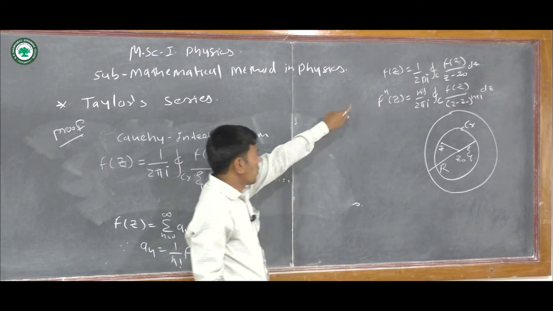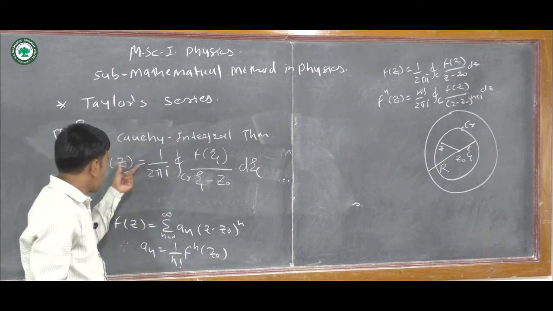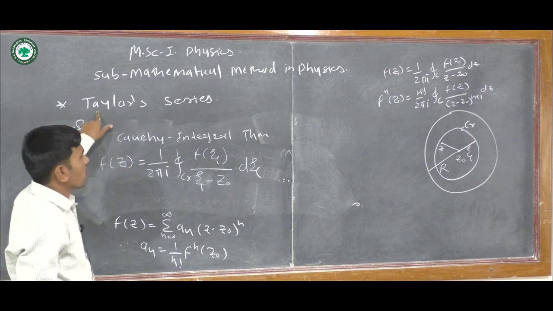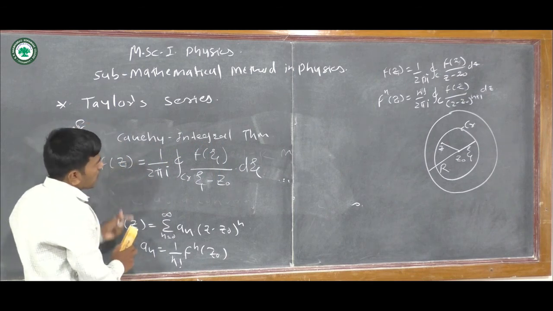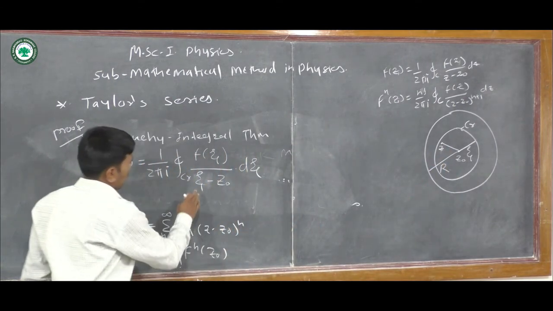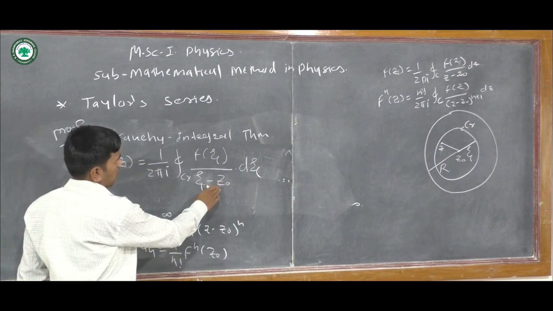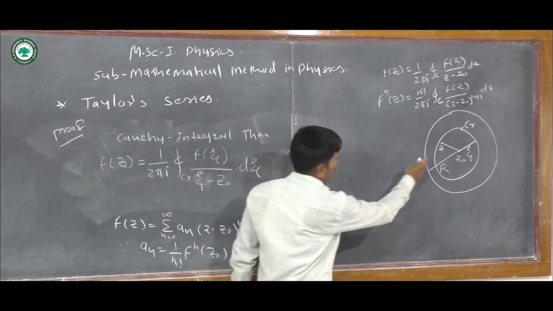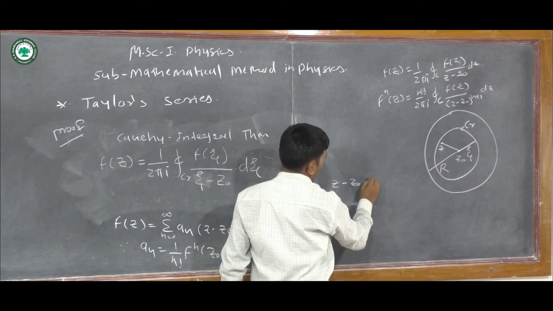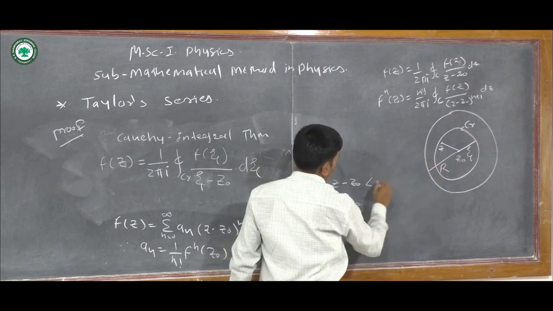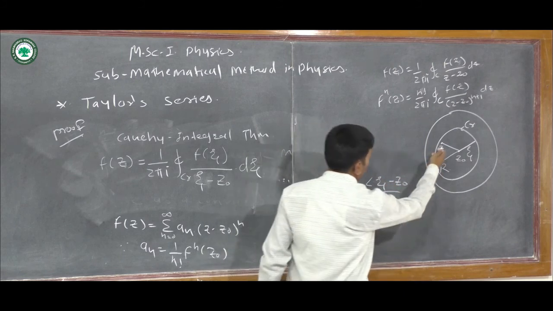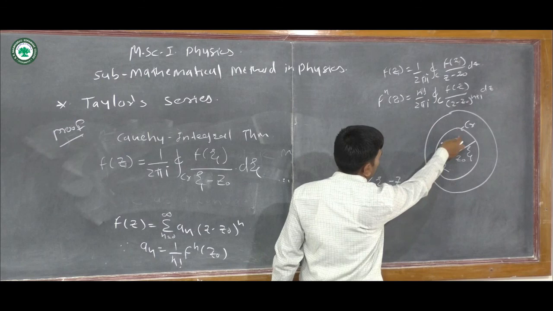By using these two formulas we can modify the mathematical expression for the Taylor series. This f(z) is analytic in this region when we consider psi - z0. If you compare, |z - z0| is always less than |psi - z0|, so this point is also interior to this region.